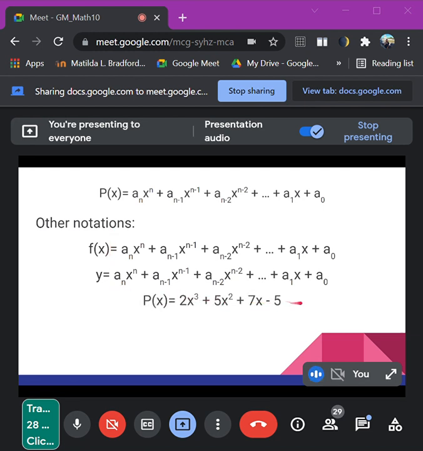And we have here our example. P of x equals 2x cubed plus 5x squared plus 7x minus 5. We can write that as p of x equals 2x cubed plus 5x squared plus 7x minus 5, or we can write it as y equals 2x cubed plus 5x squared plus 7x minus 5.